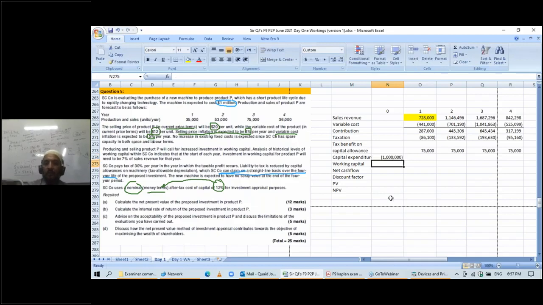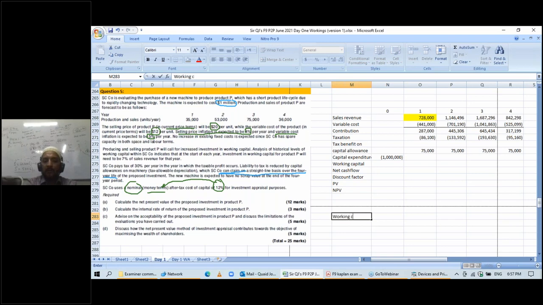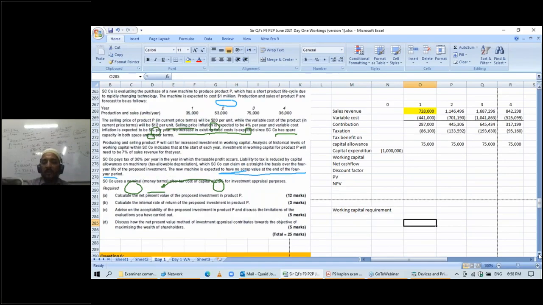And what about working capital? So let me show you the working for working capital. This is an important working over here: the working capital requirement. Students, I will end at the NPV working, so you may have to wait for another 5 minutes, and then we will end.